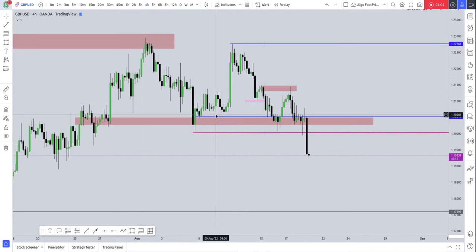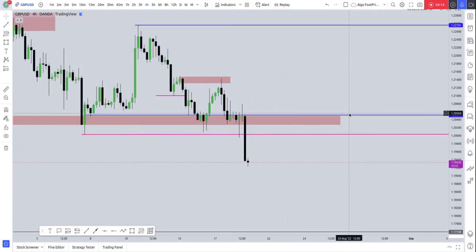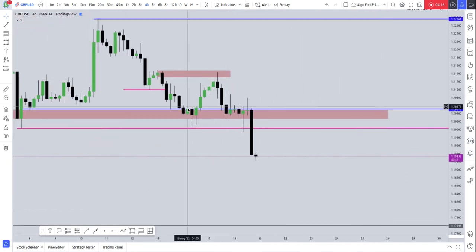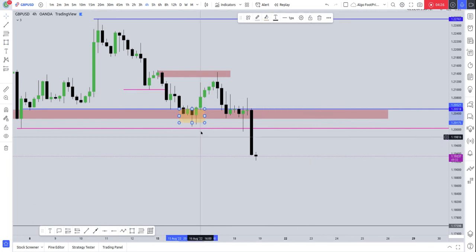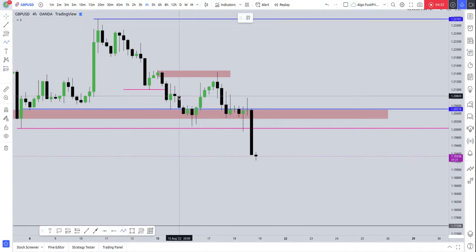This blue horizontal line represents previous week's low, and this one previous week's high. And if I zoom in, I want to show you, this is the point where previous week's low was taken out. And immediately, look at this.